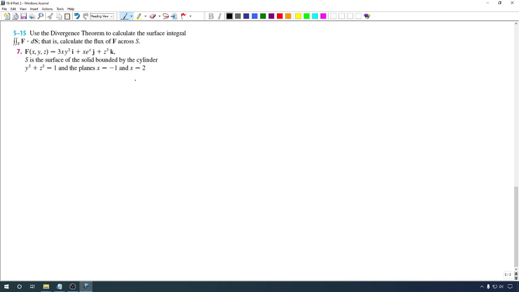Let's go ahead and move on to problem 7. Here we have another vector field. We want to find the surface integral over the boundary of the solid with the cylinder, y squared plus z squared equals 1, bounded between the planes x equals -1 and x equals 2. So if we go ahead and plot that, in fact, let's use GeoGebra for that.